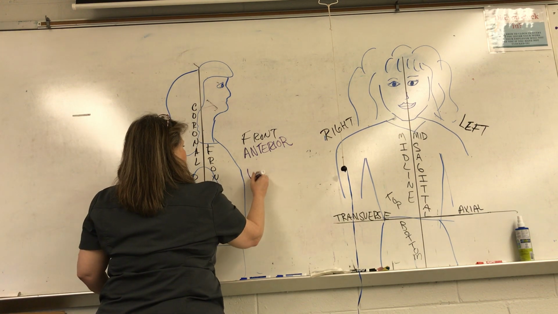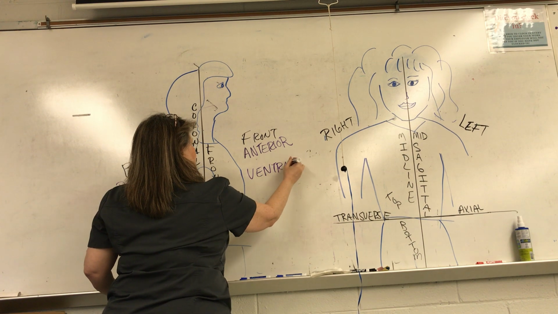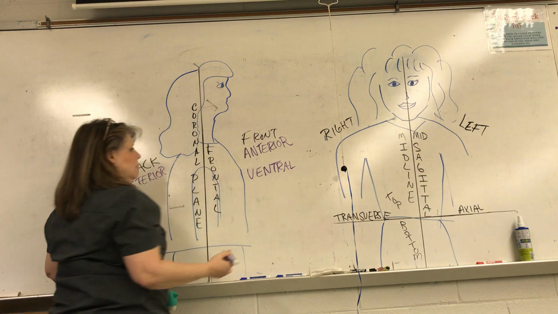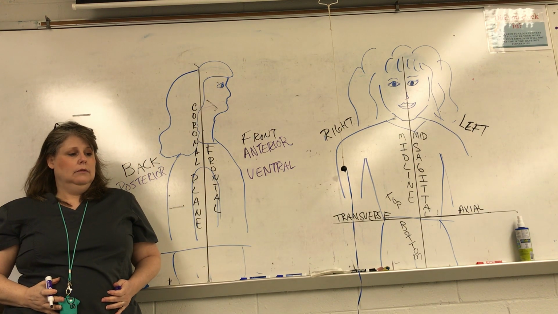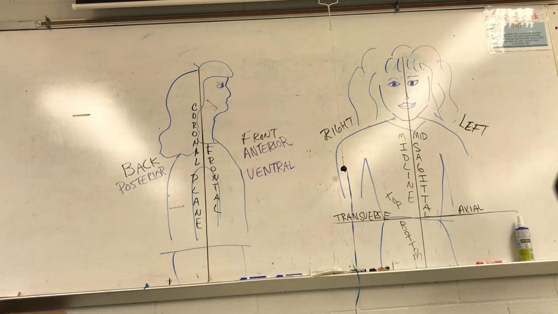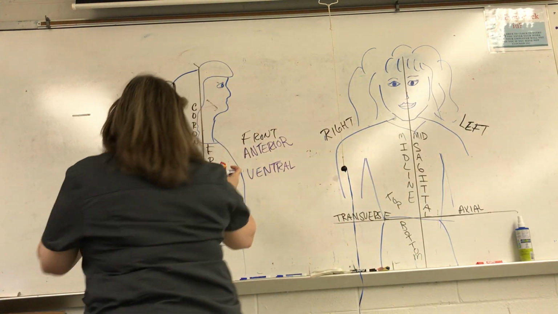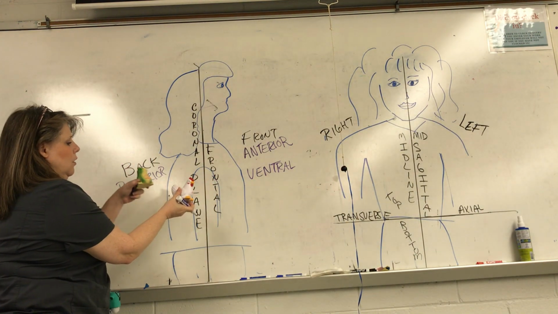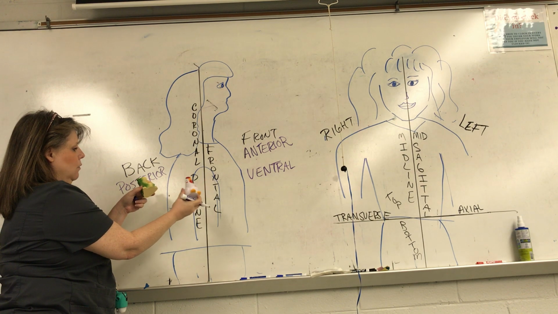So ventral literally means belly side. And for a human, belly side is the front. For a chicken or a frog, belly side is going to be underneath.